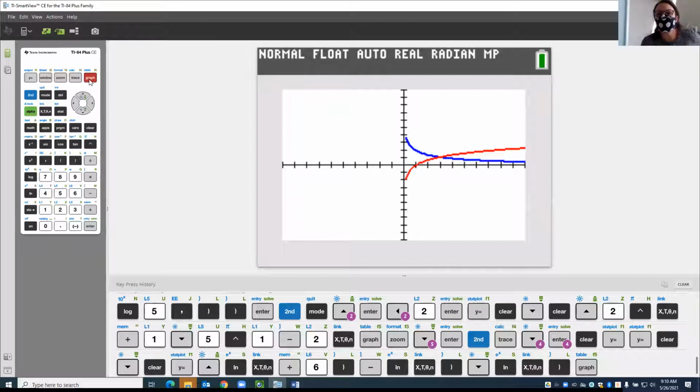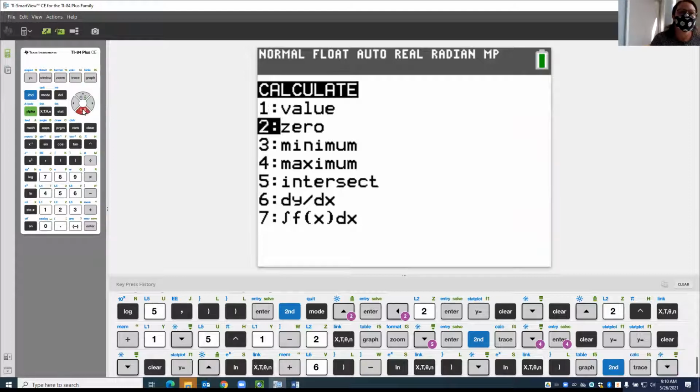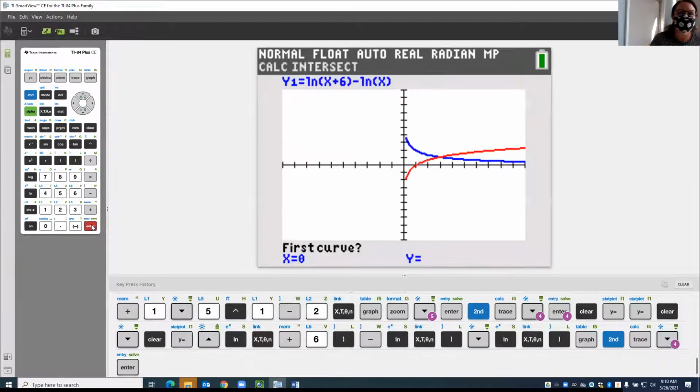And does it look like it intersects where x equals 3? Yeah. If it's not as obvious, you can also find the intersection on the calculator. You press second and trace, and then scroll down to intersect. Then it's going to ask you first curve, and you just press enter. Second curve, you press enter. Oh, it's not working. Here we go.